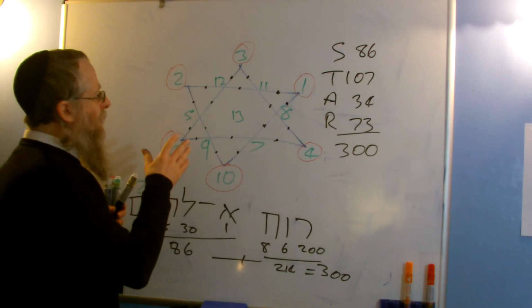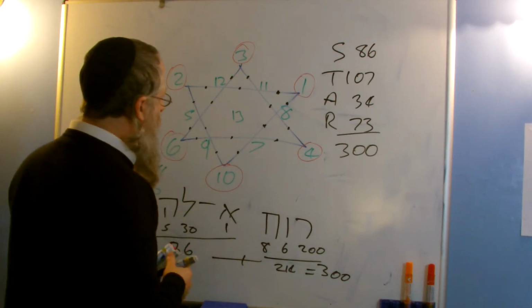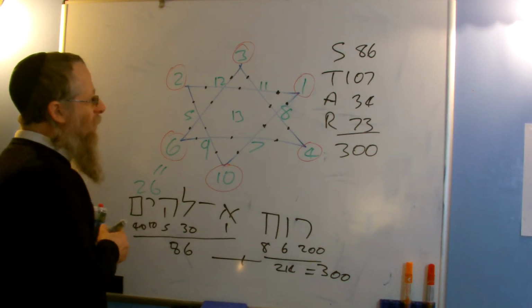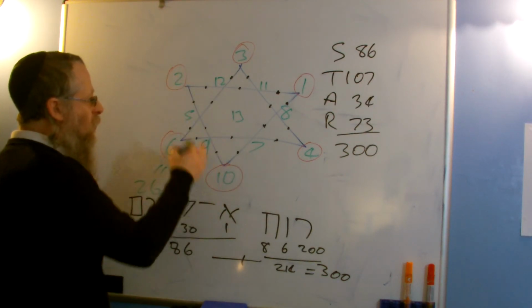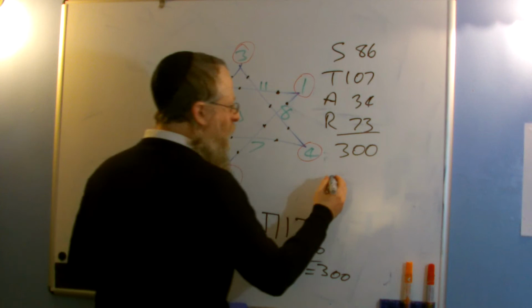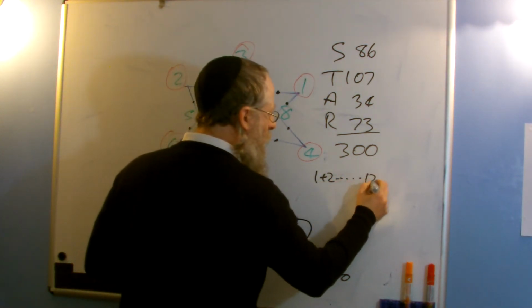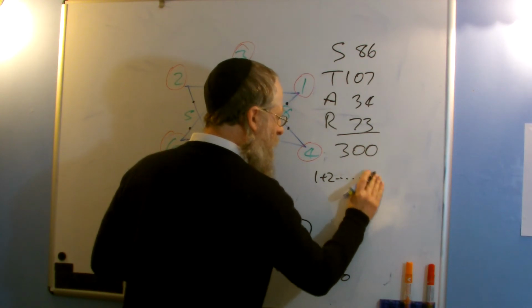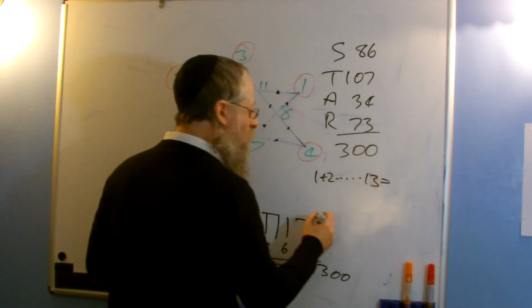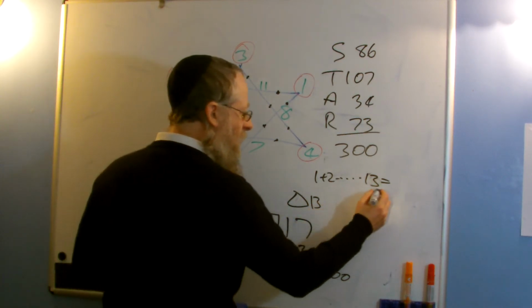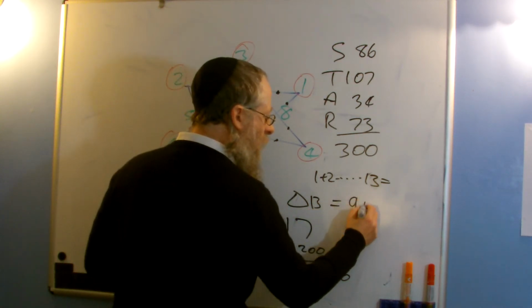But this basic structure gives you God, 26, and if you add up all the numbers together, 1 to 13, 1 plus 2 all the way to 13, we call that triangle 13. Triangle 13 equals 91.